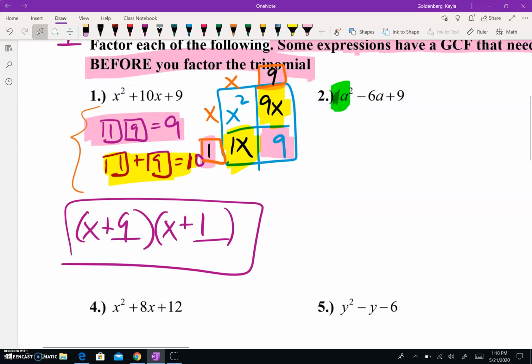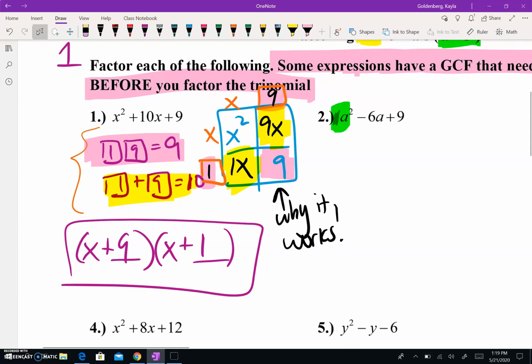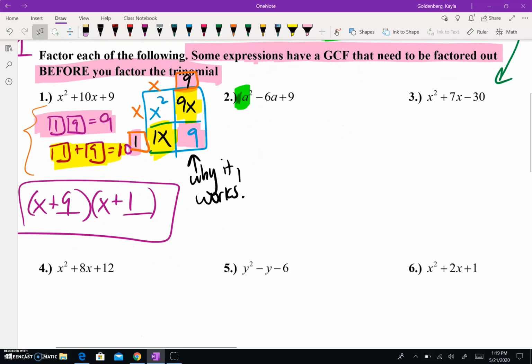Most of you guys probably just followed through because that's what you were told to do. But I just really want you to understand that that's why it works, that trick of what multiplies to be 9 but what adds to be 10. So just wanted to point that out, connecting back to our distribution idea.